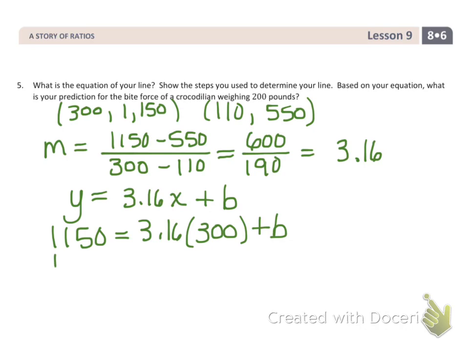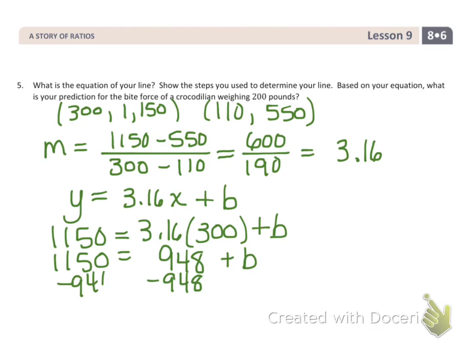So 1150 is equal to, I want to do that multiplication, and I get 948 plus b. Then if I subtract 948 from both sides, see how this algebra comes back to good use?